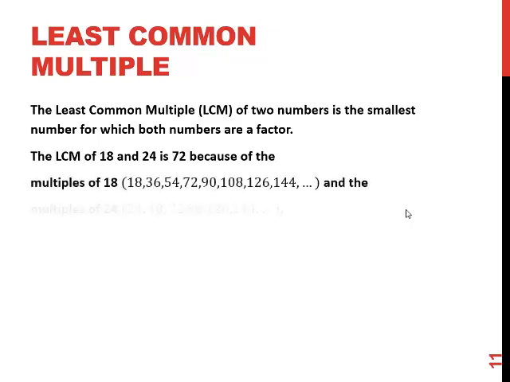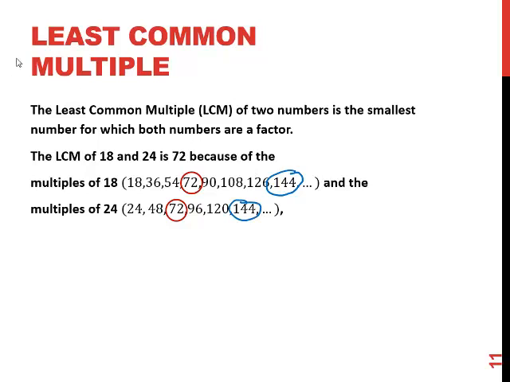And when we look at these multiples, 72 is the smallest, the least common multiple. Now notice that 144 is also a common multiple, but we're looking for the least common multiple. So that's why we're going with the 72.